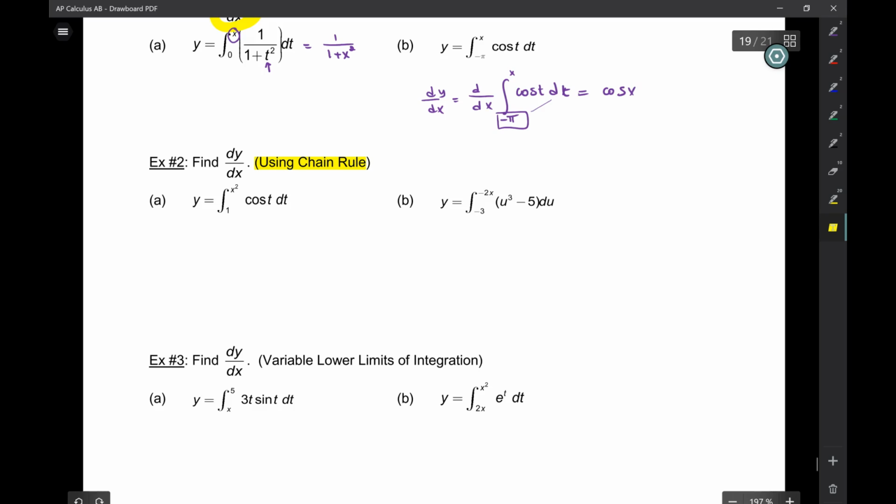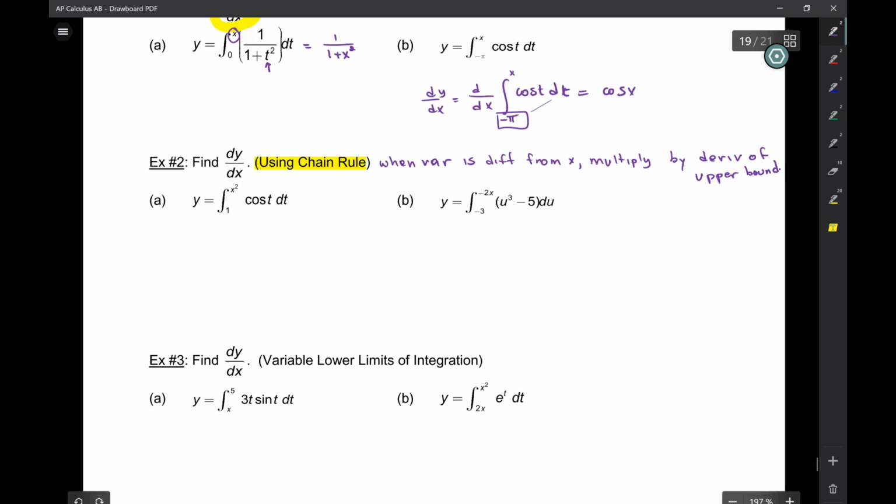So when the variable is different from x, do the same thing, but multiply by the derivative of the upper bound.